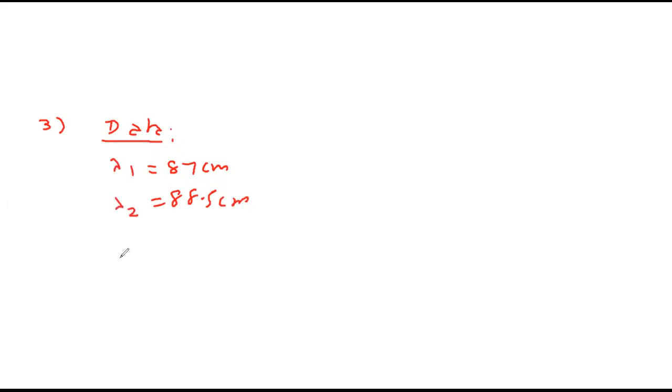When they are superimposed, they give 10 beats per second. Beats means difference in frequency. So I'm writing N1, this line means difference, this means subtract N2. When I am not sure whether N1 is greater or N2, then I write this symbol. It's 10. Find the velocity of sound.